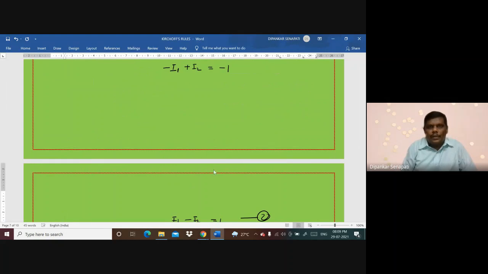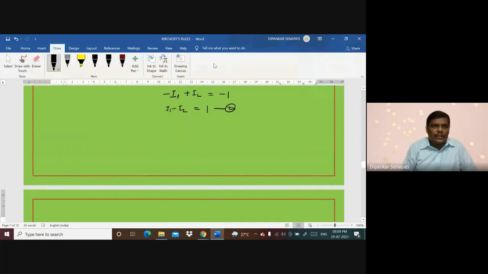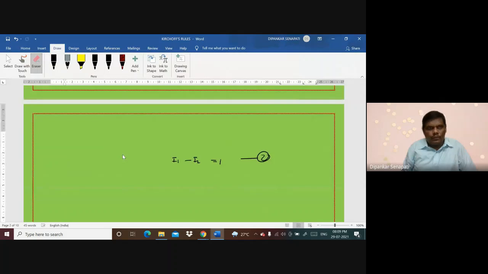The equation is I1 minus I2 is equal to 1, equation number 2. Now using these two equations, we will try to solve for I1 and I2.